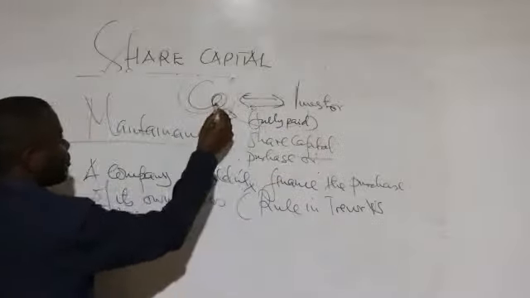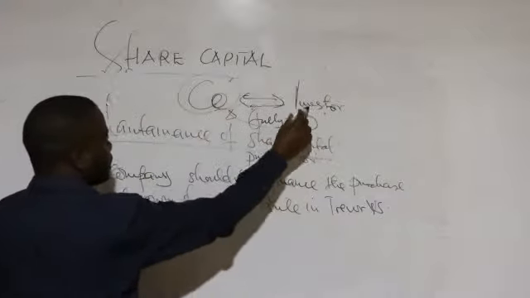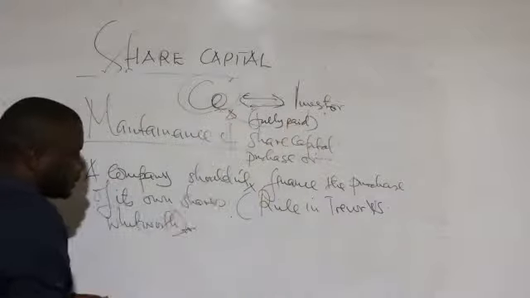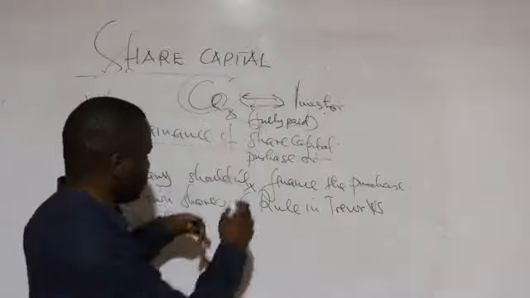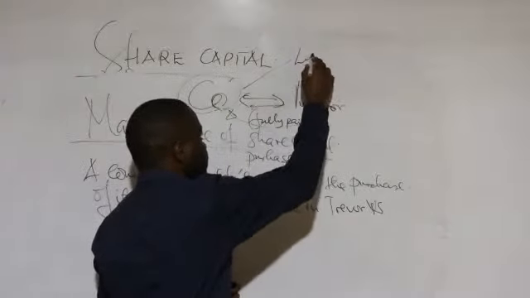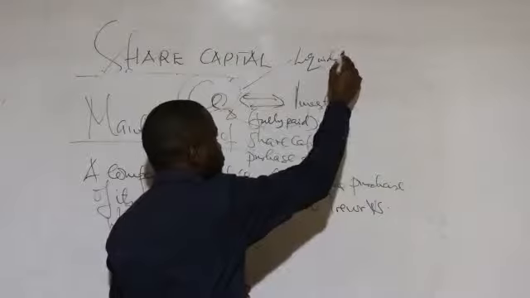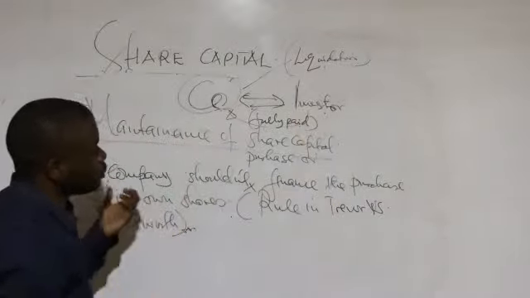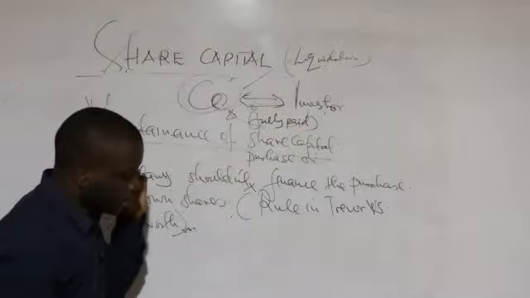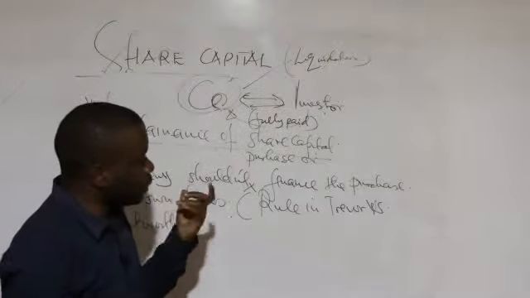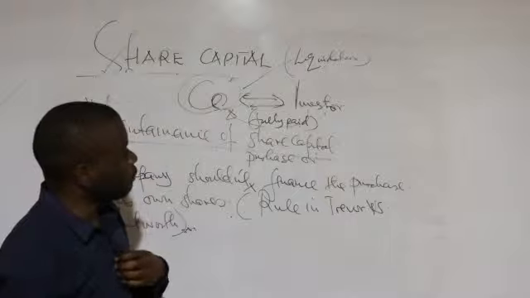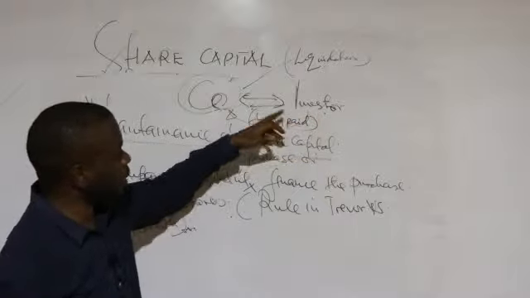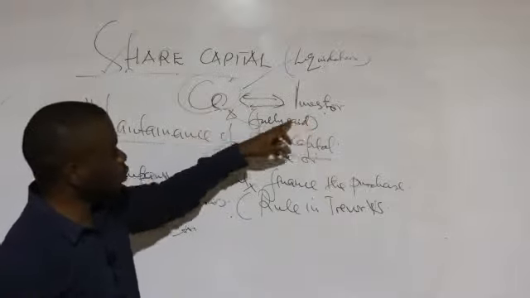Then the company started undergoing liquidation, where its life comes to an end. During liquidation, all creditors of the company are supposed to be paid all their dues. Therefore, this investor was now a creditor to the company, because the shares were not fully paid for.